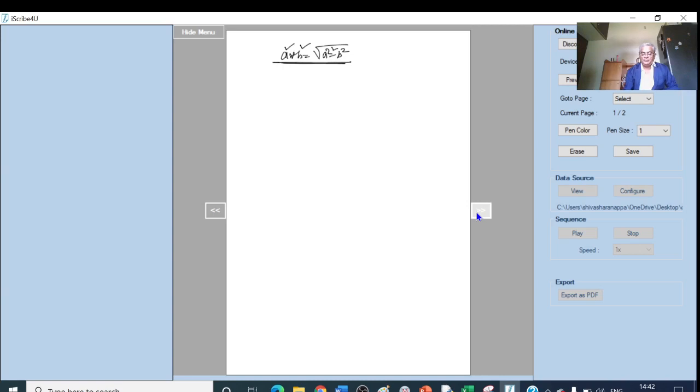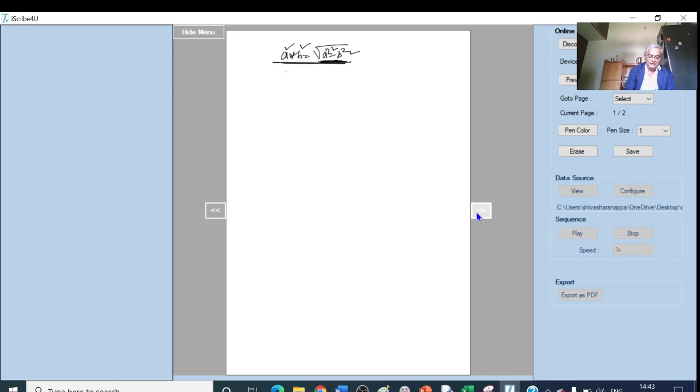Definitely A square is a real number, B square is also a real number. And what about this A square minus B square? This is again a real number, but it may or may not be a positive quantity. If this is a positive quantity, then this belongs to R.